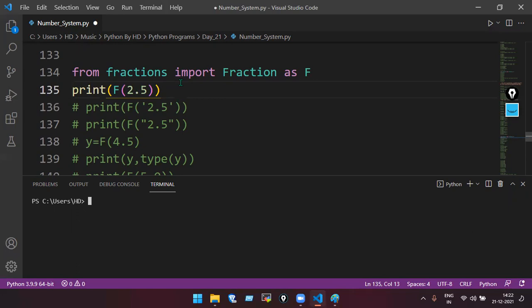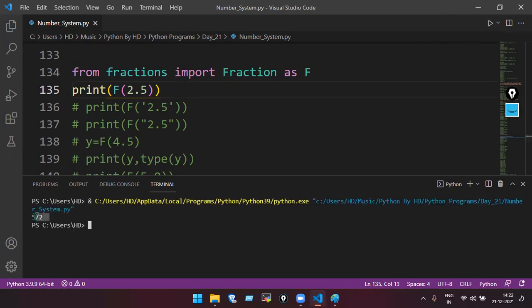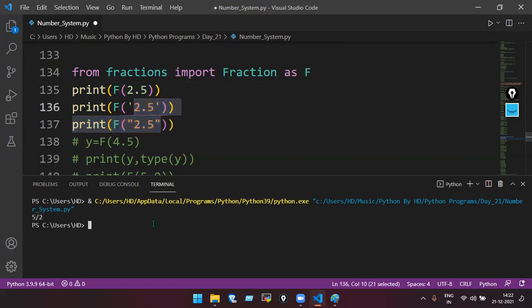I want a proper fraction. If I do 5 by 2, how much do I get? 2.5. So let us run and check once. If you pass any value and want a proper fraction, you can do it like this. Simple fraction.